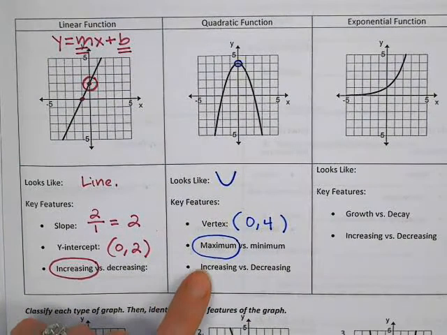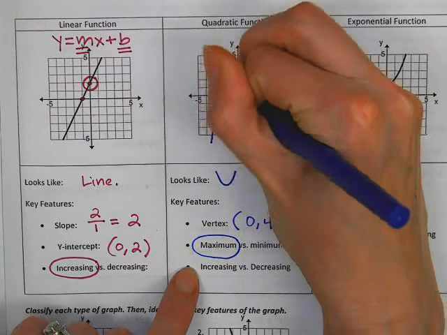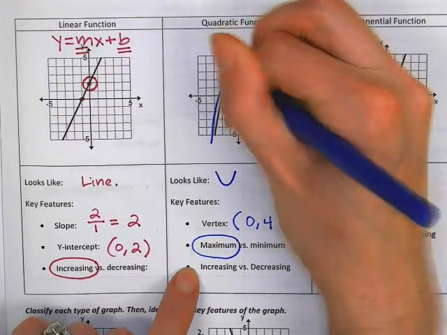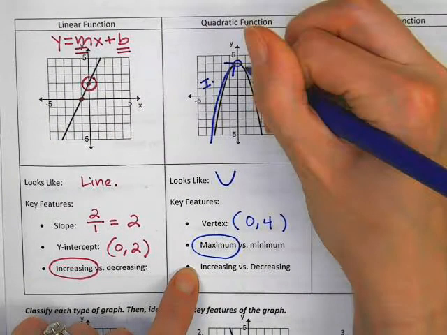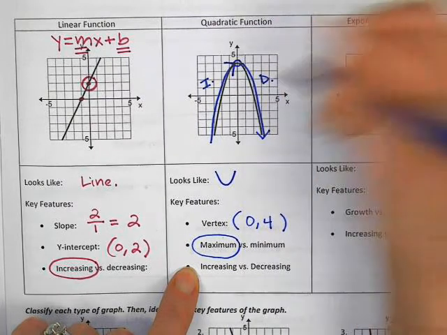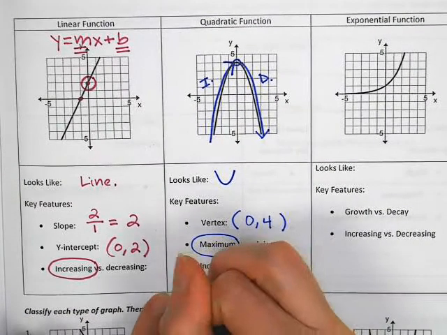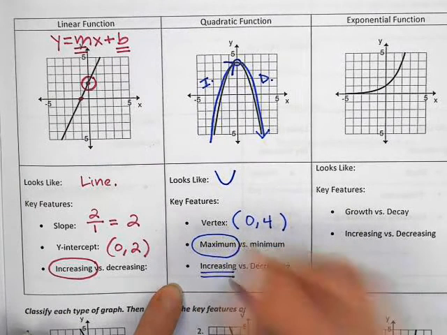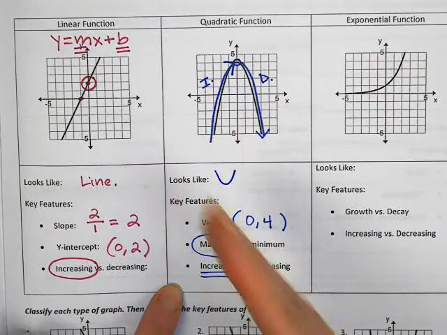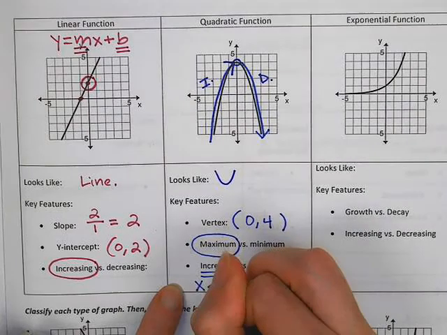Now, increasing, decreasing is tough because it's increasing on the left-hand side. That's increasing, but then it starts decreasing on the right-hand side. So we're actually going to have two answers here. So when is it increasing? It's increasing when for x values that are less than 0.